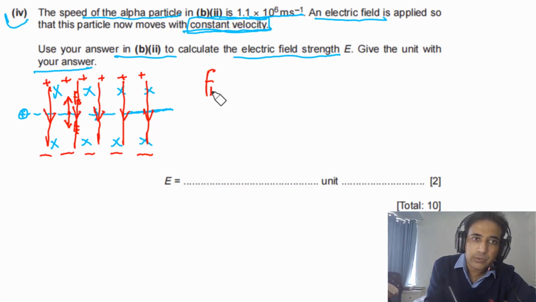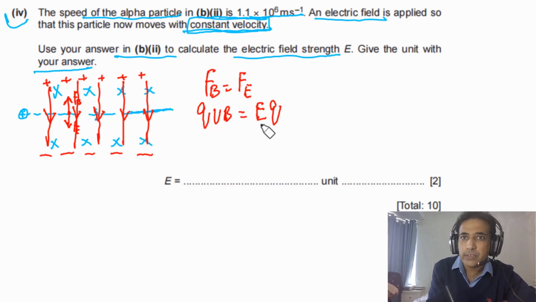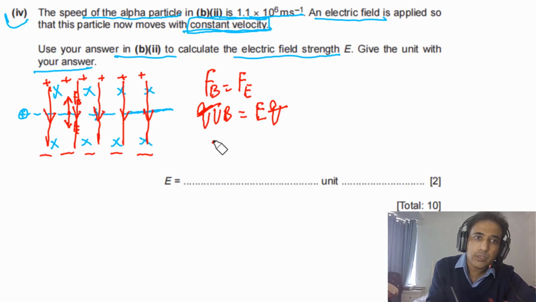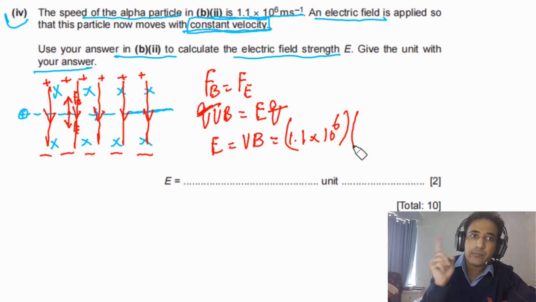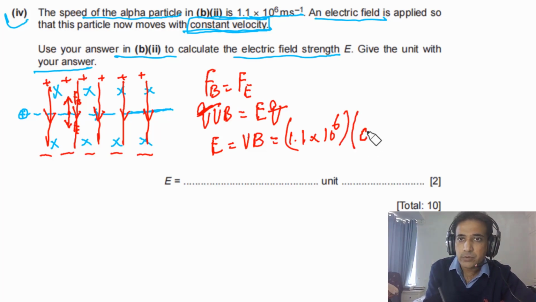In this case simply you can say the magnetic force is balanced by the electric force, and the magnetic force is QvB and the electric force is EQ. We need to find the value of E. So this Q will cancel with this Q, and we are left with E equal to vB. The value of v is given, equal to 1.1 times 10 to 6, and the value of B we found in the last part, that was equal to 0.052.